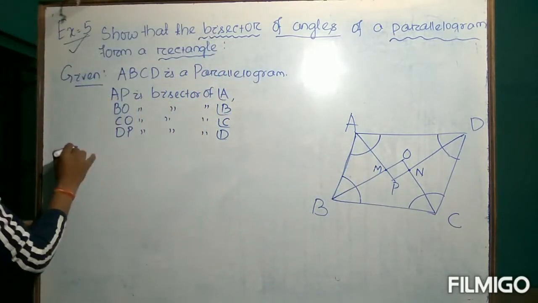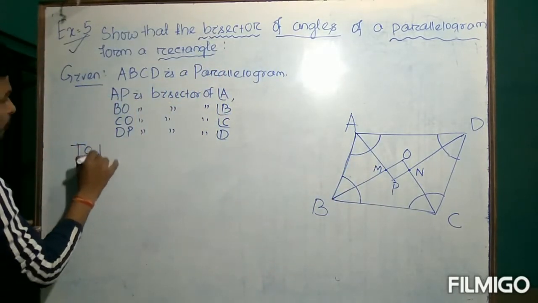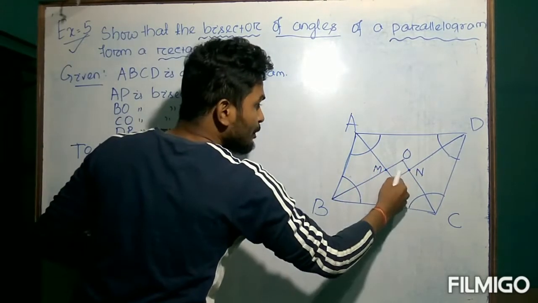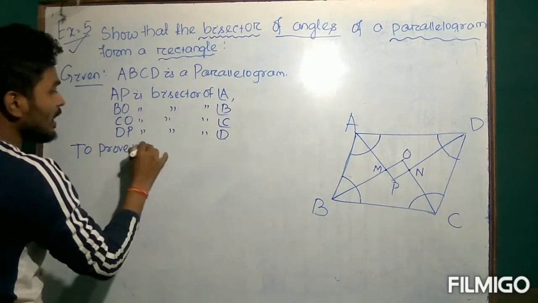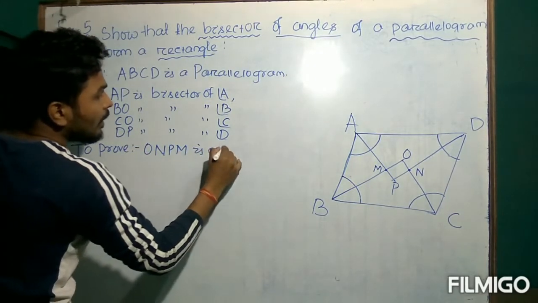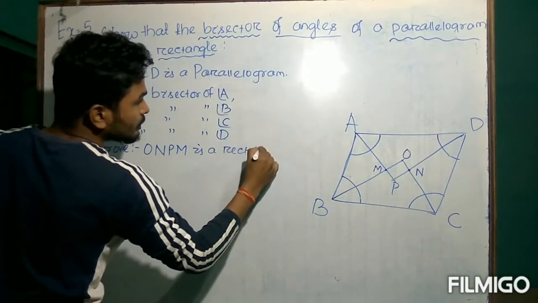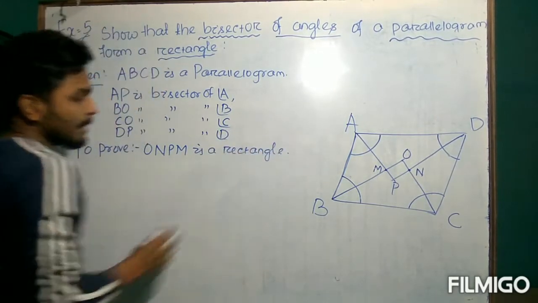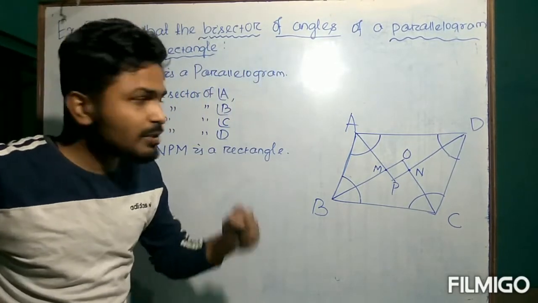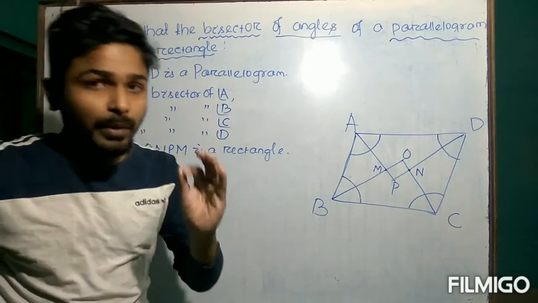Now, what do we have to prove? We have to prove that this ONPM quadrilateral is a rectangle. Okay, so tell me which conditions should be satisfied to be a rectangle. Minimum condition.